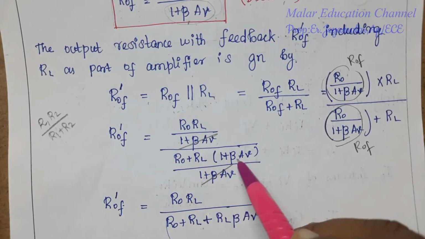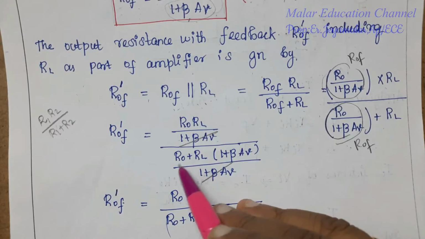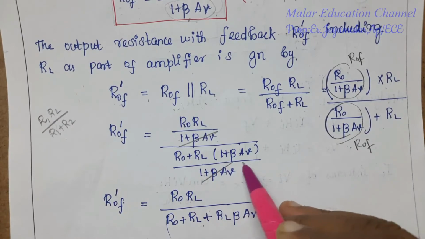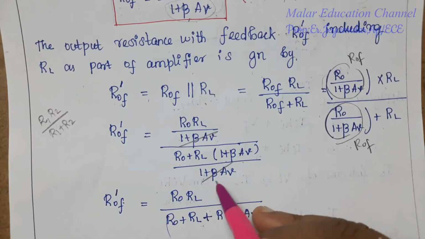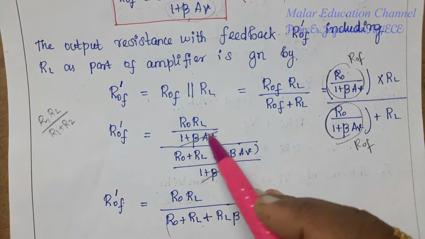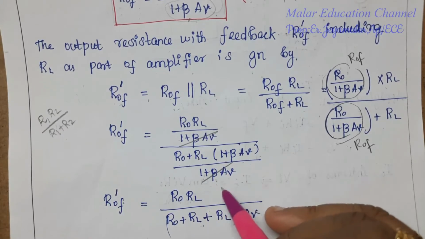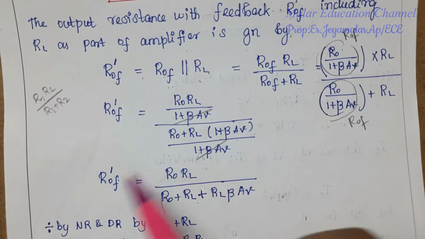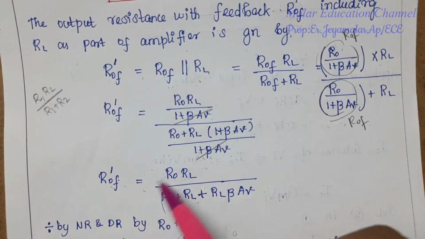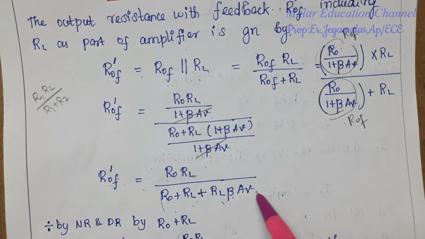For the denominator, take the LCM too: (R0 plus RL into (1 plus beta into Av)) divided by (1 plus beta into Av). The numerator term 1 plus beta into Av and the denominator term 1 plus beta into Av get cancelled. The remaining is R dash of F equal to R0 RL divided by (R0 plus RL plus R0 beta into Av).